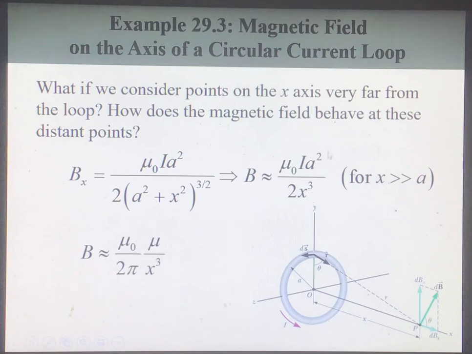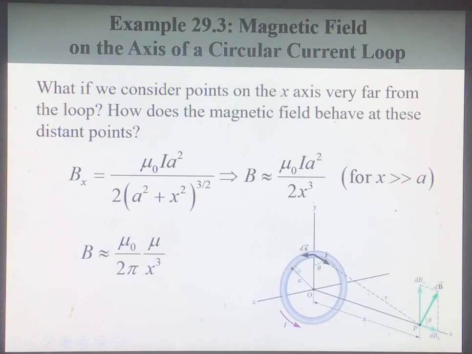Notice that I can also rewrite this equation as this. Again, the mu here is just the magnetic moment. So this quantity here is the magnetic moment. The magnetic moment is just the current times the area.